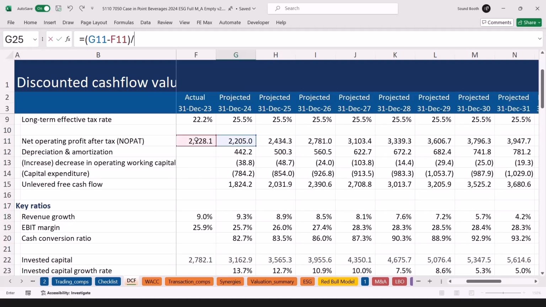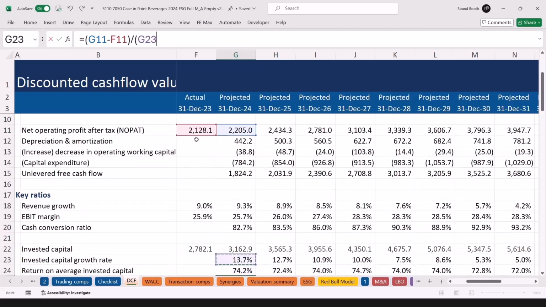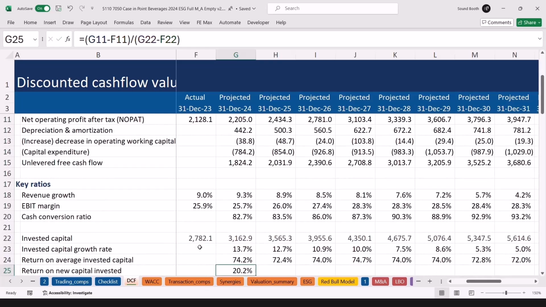What we then want to do is divide that by the increase in the invested capital. We're trying to measure, for that investment, how much increase in profitability we got. That gives us a return on the investment. You can see the incremental return in 2024 is 20%.